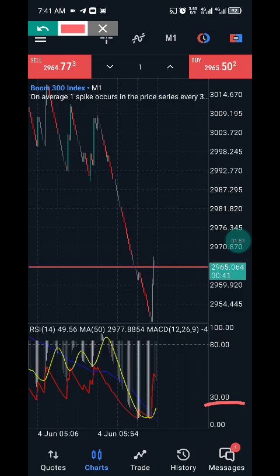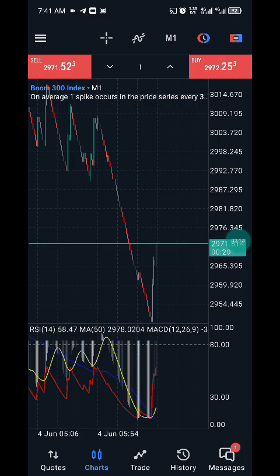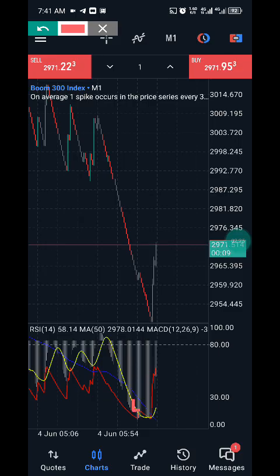Now, what you are going to wait for is the red line also. The red signal should also be able to cross that same level. Immediately it crosses that same level, that is the right time for you to take your spike trade. When the red line crosses that same level and is close to our yellow line, which is our histogram at this area, this is our right time to enter the trade.